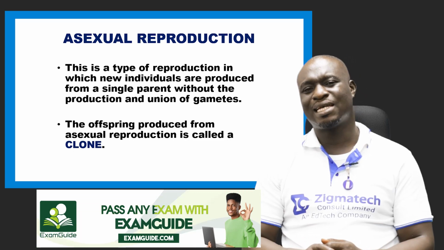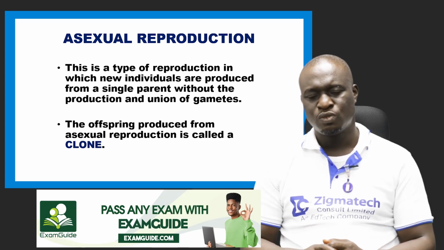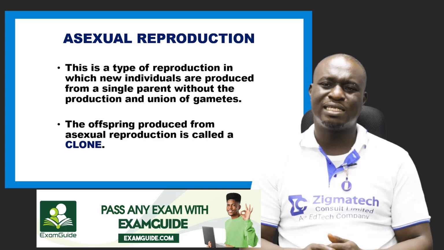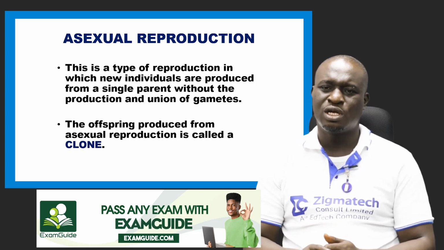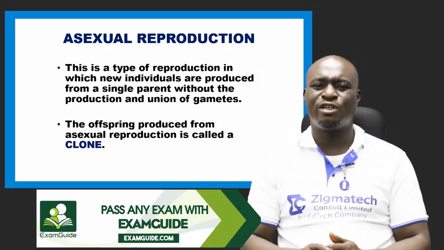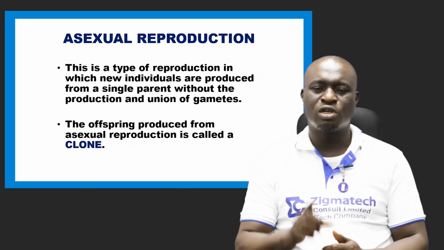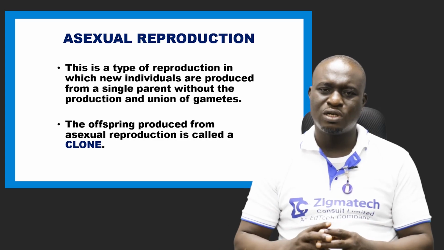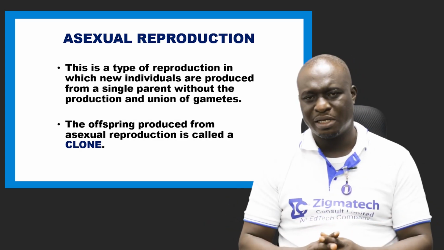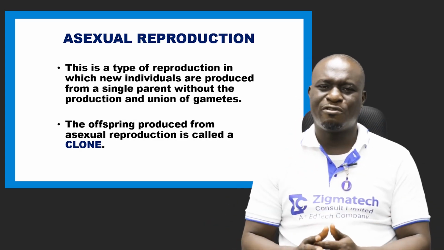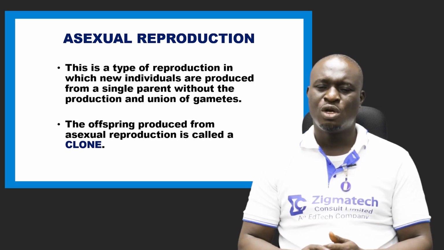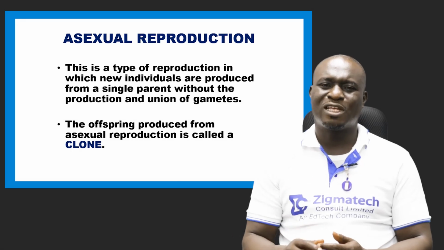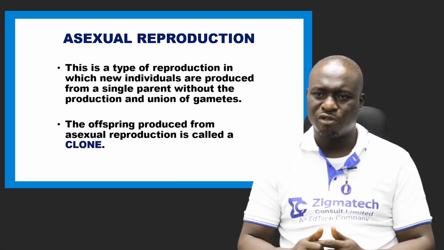Next is asexual reproduction. Asexual reproduction is a type of reproduction in which new individuals are formed from a single parent without the production and the union of gametes. If you look at the definition, you can pick out some important facts. One, there is no production of gametes.